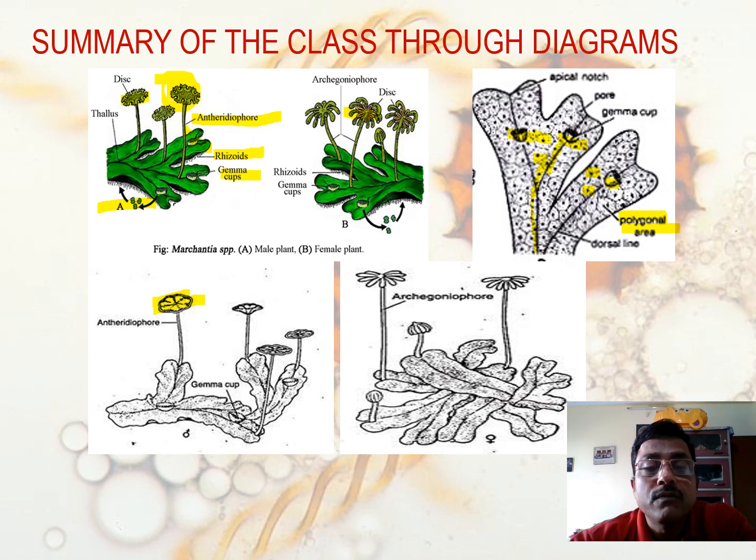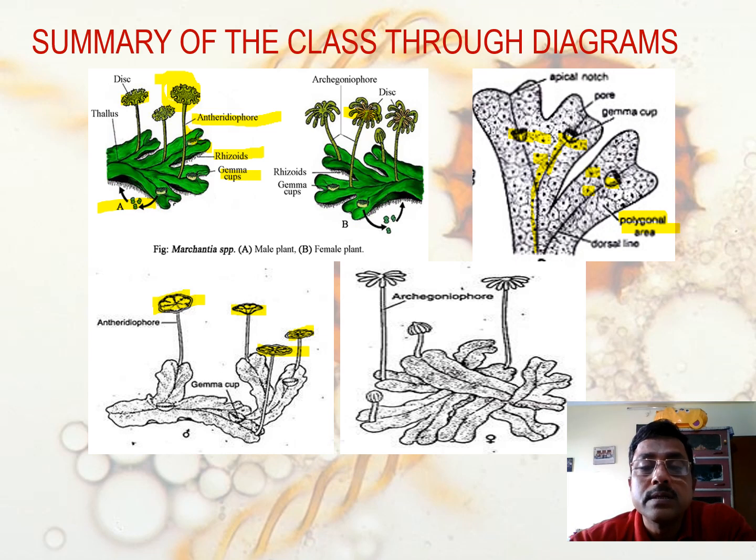Here a total of 4 antheridiophores are present, and each antheridiophore arises from the terminal part of the thallus, just from the apical notch of the thallus.